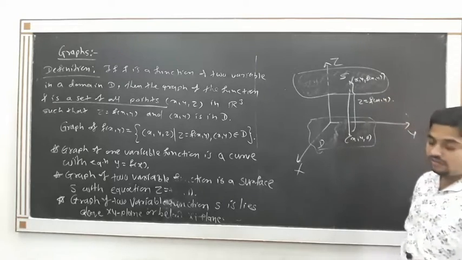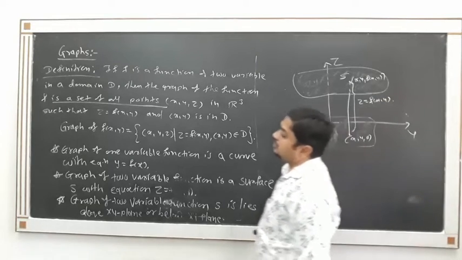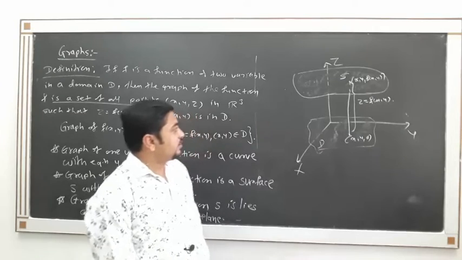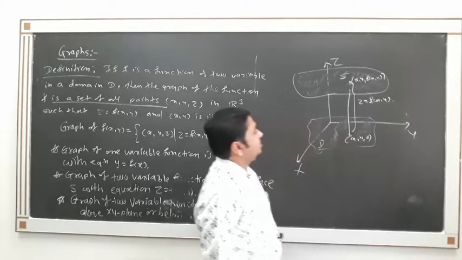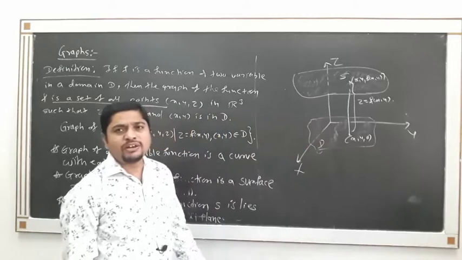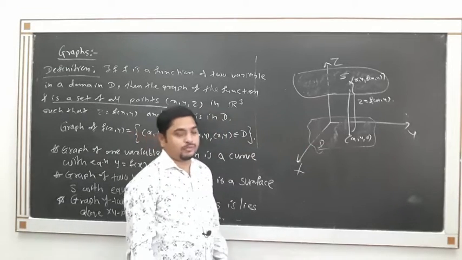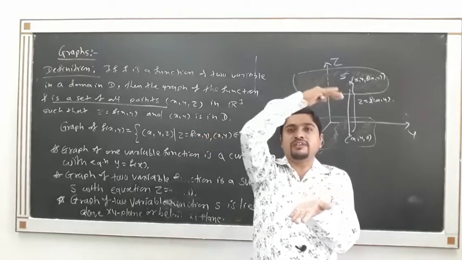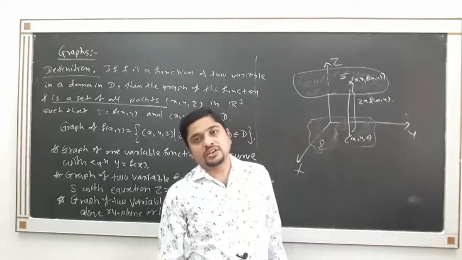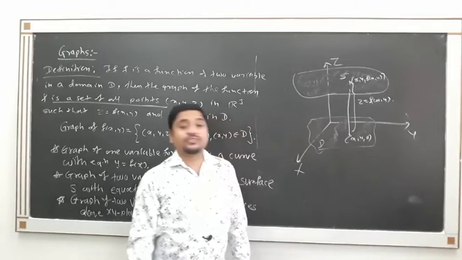That is, z is equal to f of (x, y) is just the height of the surface from the xy plane, above or below it. So suppose this is the xy plane, then this surface lies above or below the xy plane.